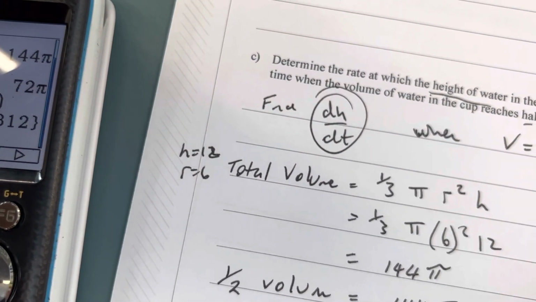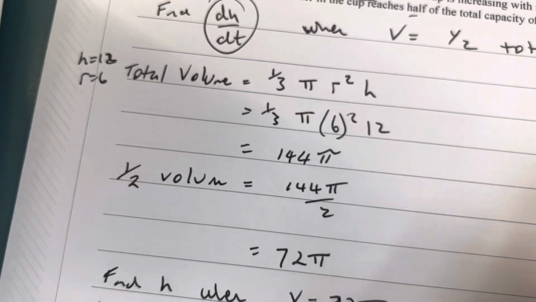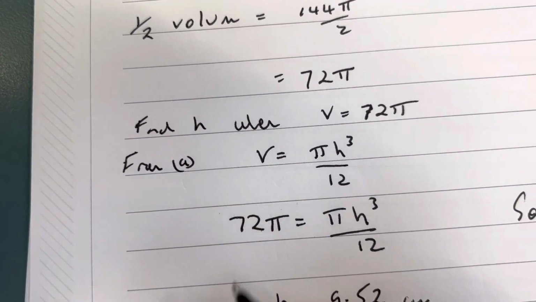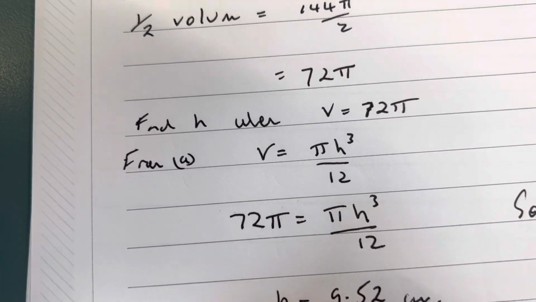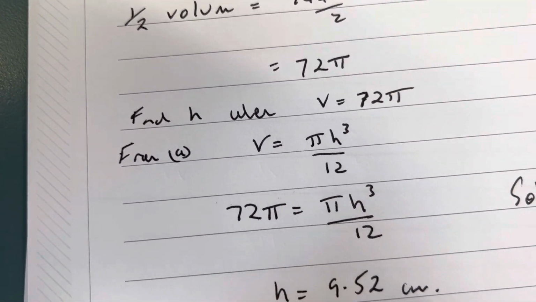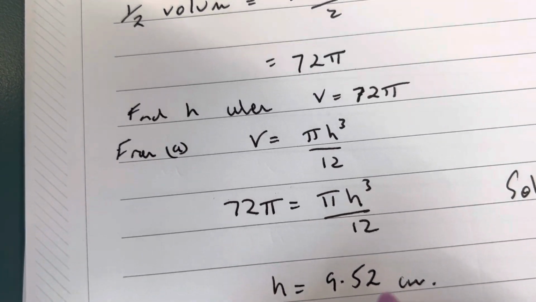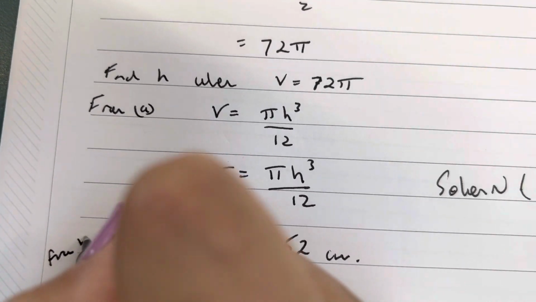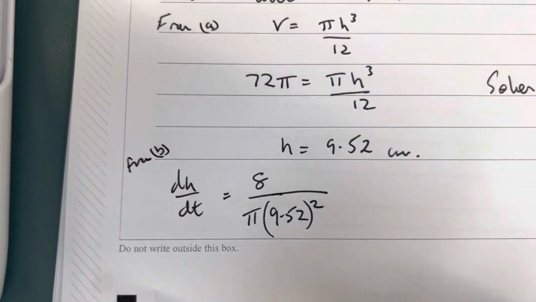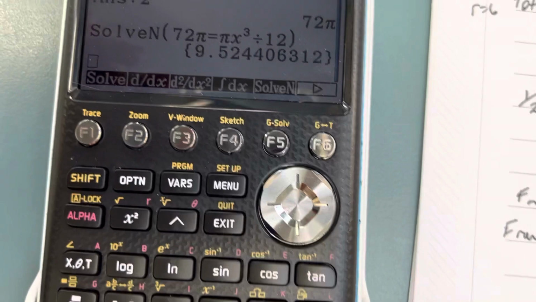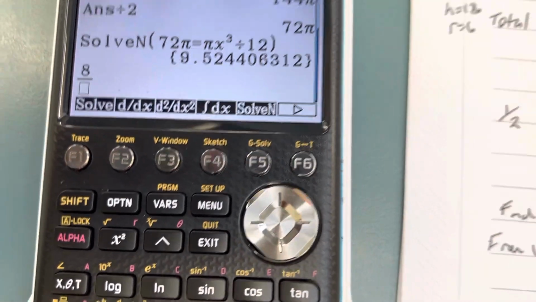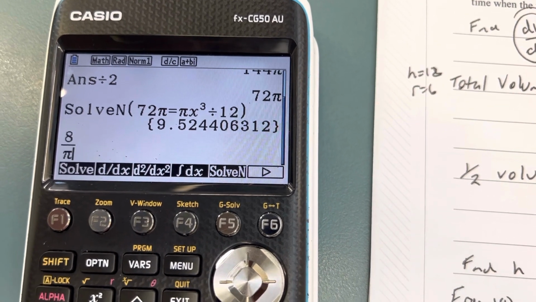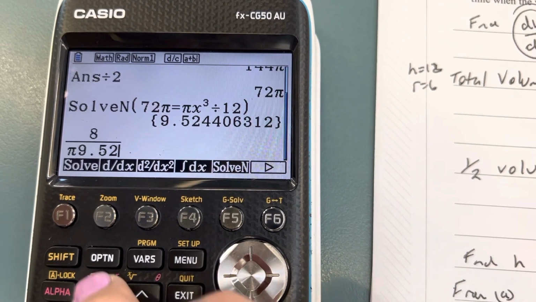And I've got to find dH/dt. So dH/dt from part B is 8 over pi times 9.52 squared. So I'm just using that from B. So going to my trusty calculator, again I'm going to go 8 over shift pi, 9.52 squared.